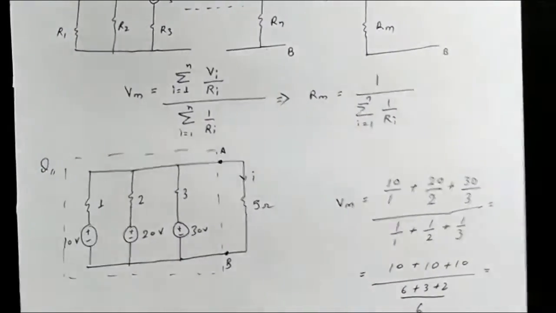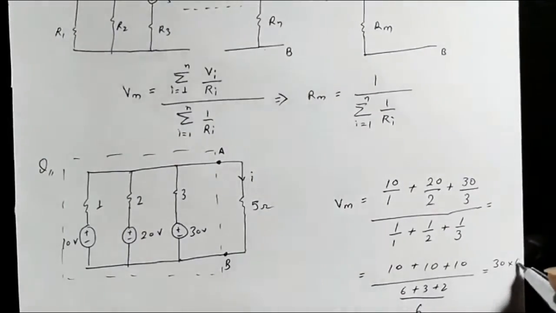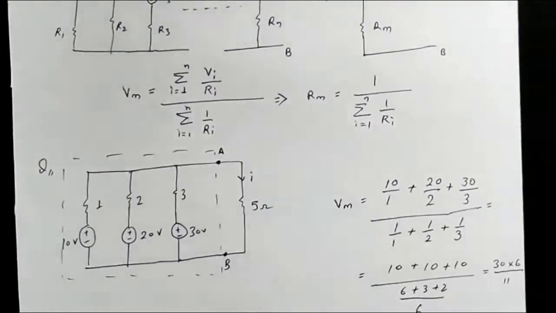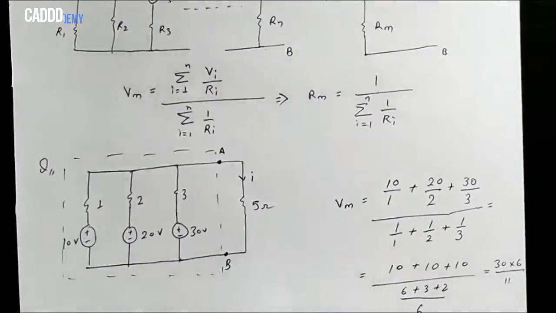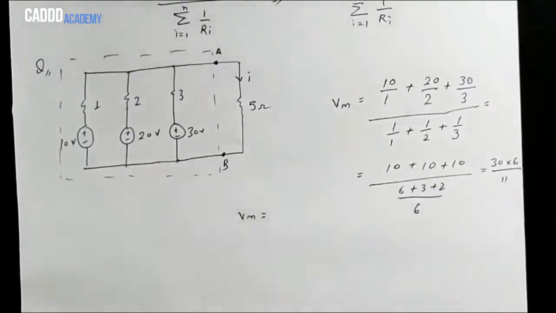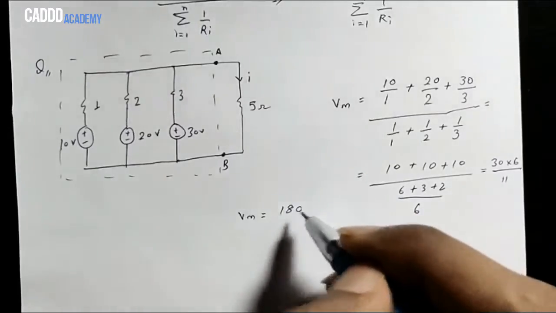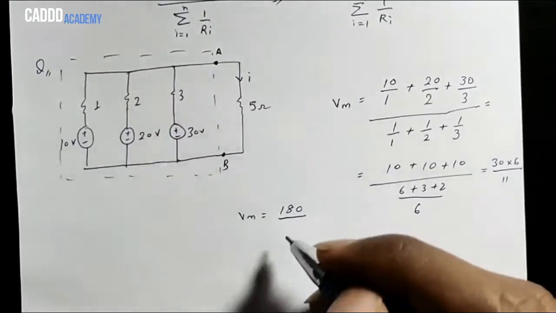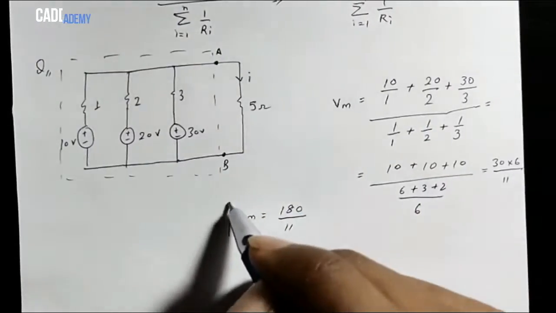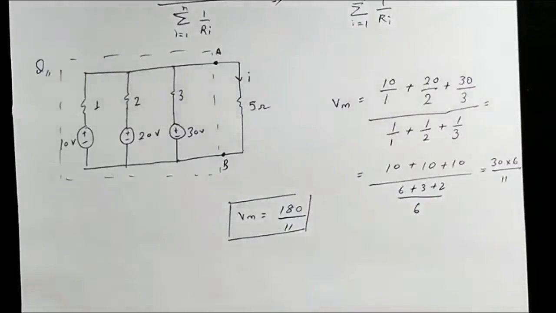So this whole thing will be 30 into 6 divided by 11. So the value of Vm is 180 divided by 11. Now we got the value of Vm.